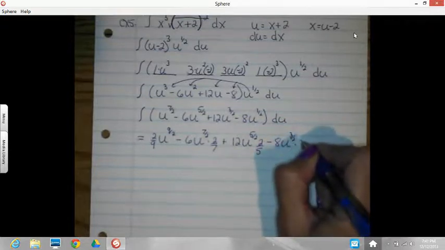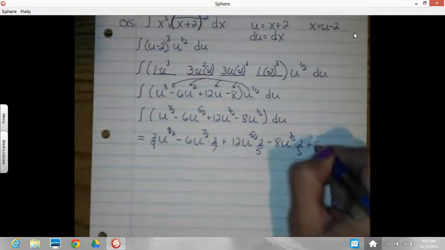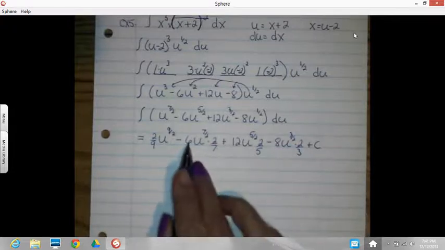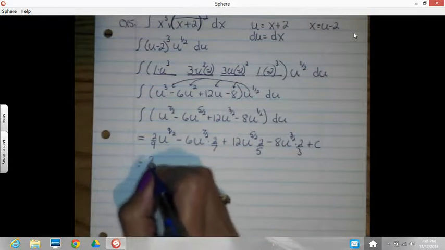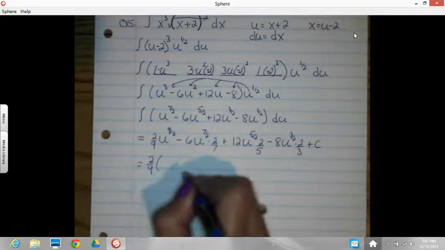Now I will simplify the constants and back substitute for x. So final answer, 2/9 x plus 2 to the 9/2.